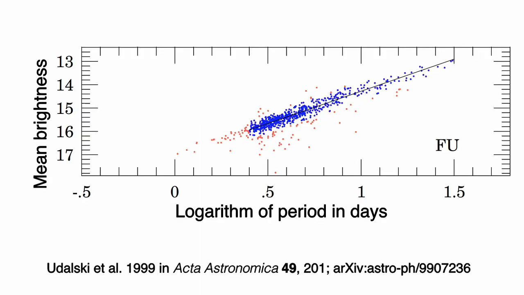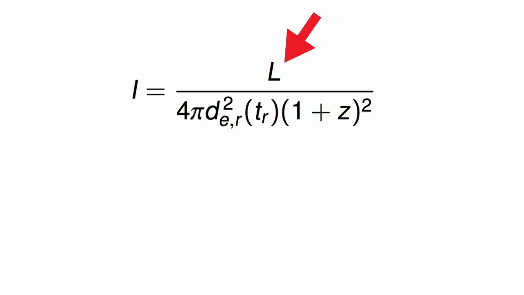And the period of this brightness oscillation is directly related to the luminosity of these variable stars. So the period I can measure. From that, I can use the period luminosity relation first found by Henrietta Swan-Leavitt to determine the luminosity. And once I have the luminosity, I can deduce the distance from this formula.